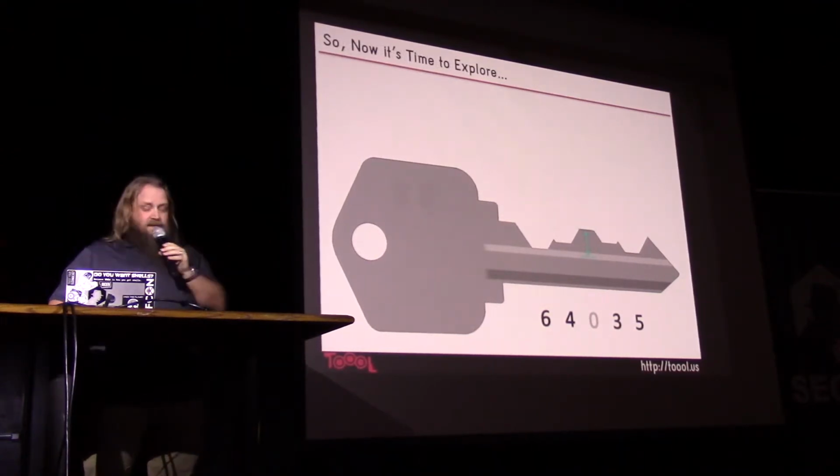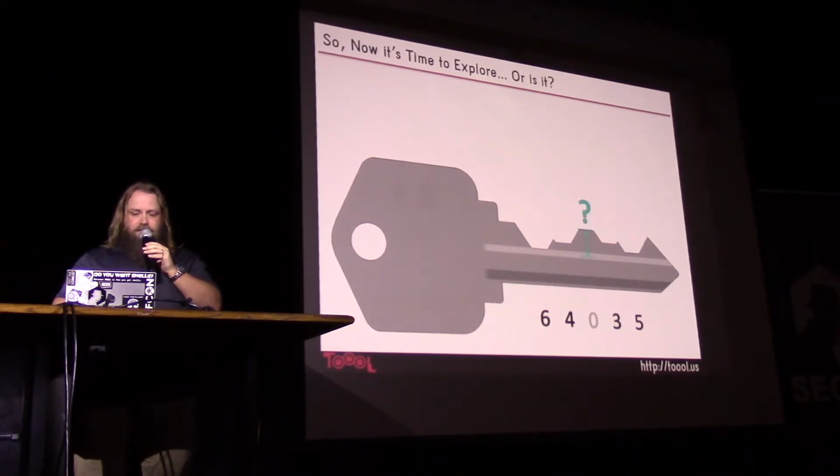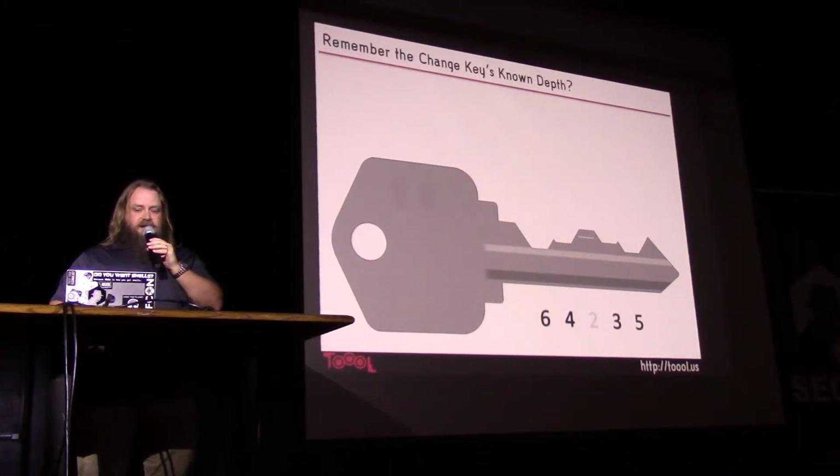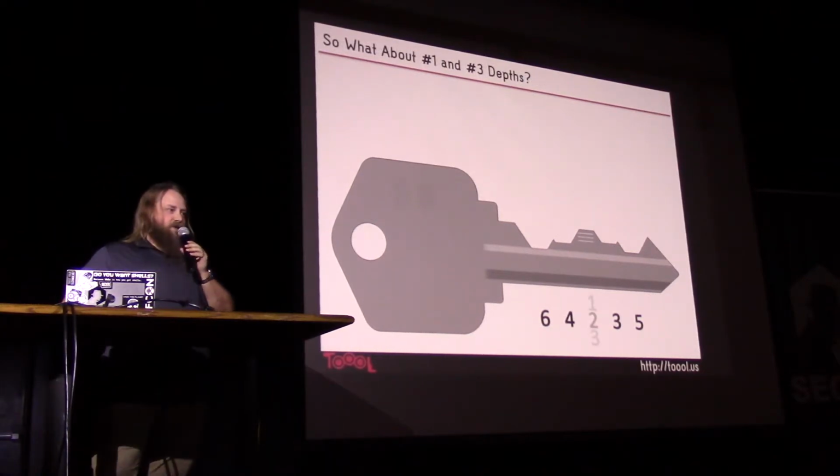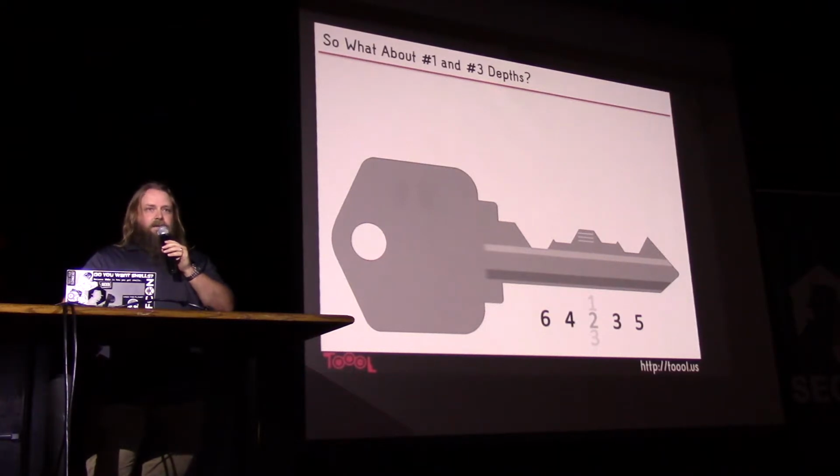Okay, so now we're going to explore. We're going to sweep this range. Or is it? Does anybody remember the change key's known depth? Hint, it's on the slide. 2, there we go. Okay, so what do we know about positions 1 and 3? Yeah, we're not going to have single bit depth master pins.